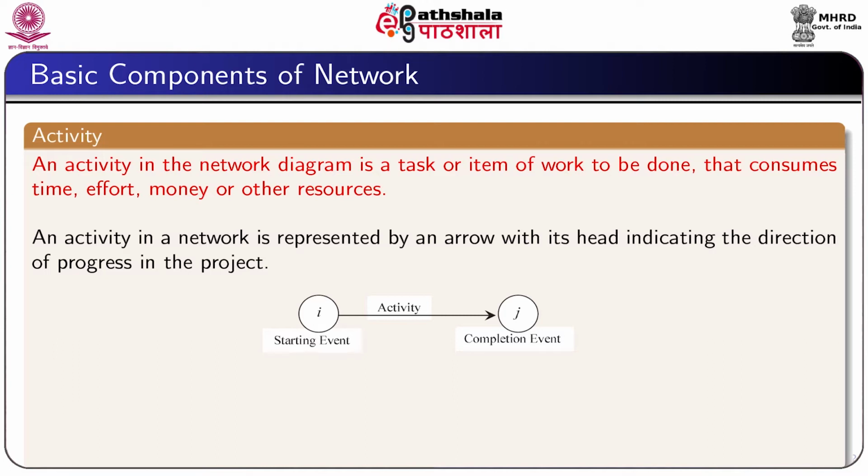An activity in a network is represented by an arrow with its head indicating the direction of the project. The figure in the slide shows the activity ij, whose starting event is the tail and completion event is the head.